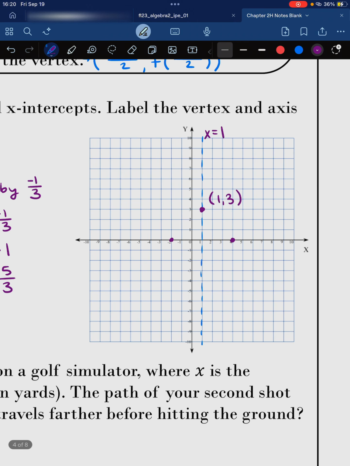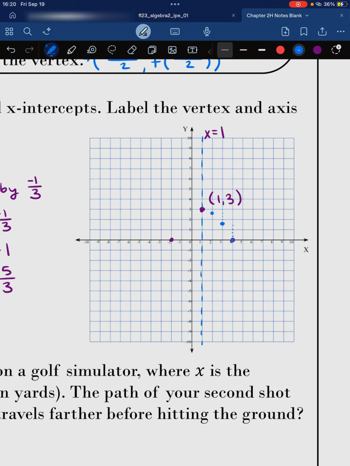Okay, so I'm going to go over 1, down about 1/3, over 1, down 1 or 3/3. So there's 1/3, 2/3, 3/3. Okay, and then over 1, down 5/3, 1/3, 2/3, 3/3, 4/3, 5/3, right?